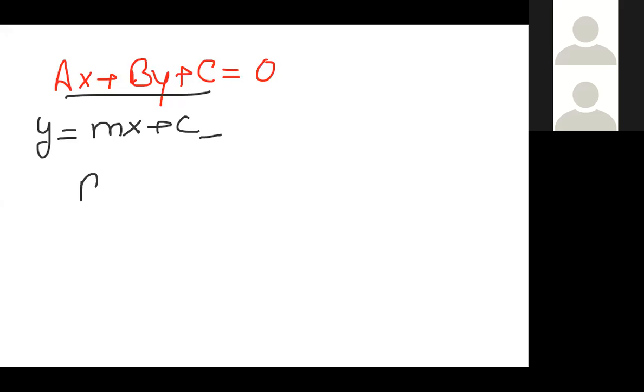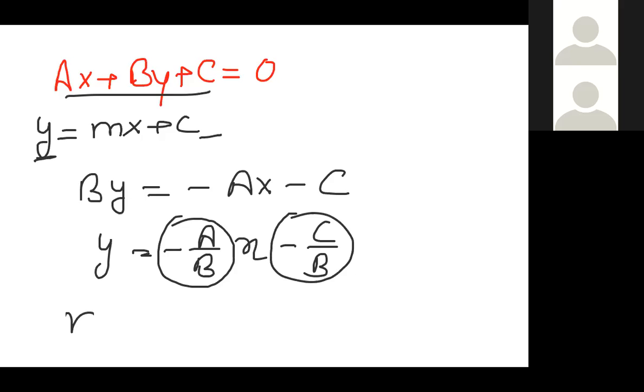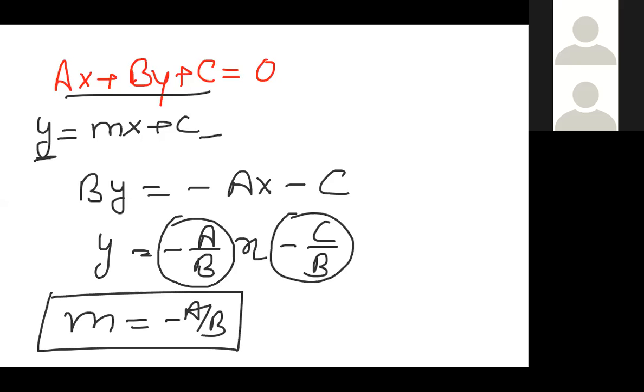So y I'm keeping on the LHS: by equals minus ax minus c. Over here only y is there, so y equals minus a upon b times x minus c upon b. So the equation shows the slope of the line is minus a upon b, and the y-intercept will be minus c upon b.